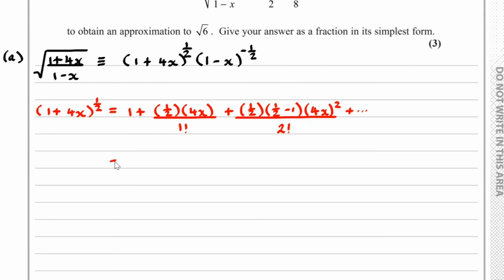And so therefore, I've got 1 plus 2x subtract 2x squared plus higher order terms as the result of this expansion.